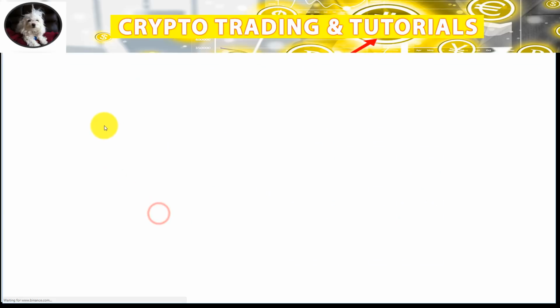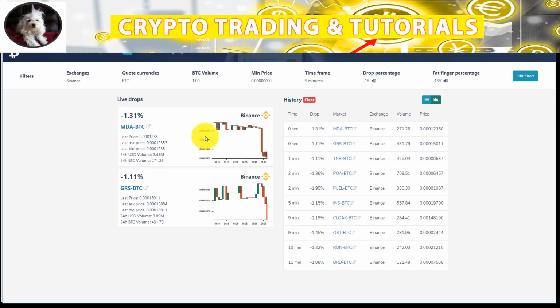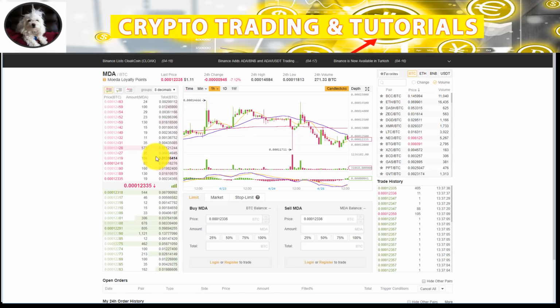I'm going to give you some general advice, but do not trade every one of these signals, all right? Just because it pops up here, the 1% filter that I put on there is pretty aggressive, but that's what works best to give you the best opportunity to find these scalping trades, okay? So MDA is looking good, all right?